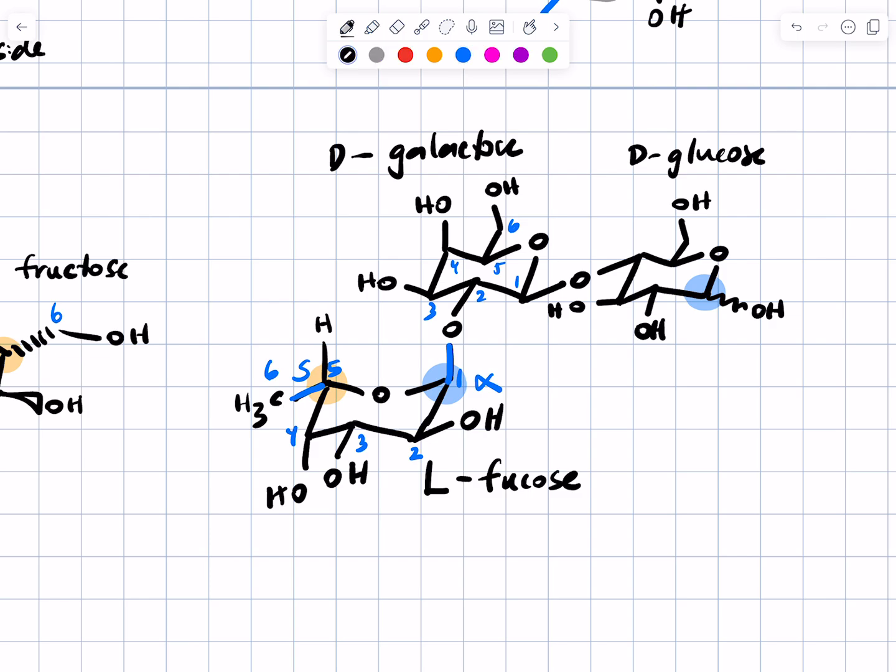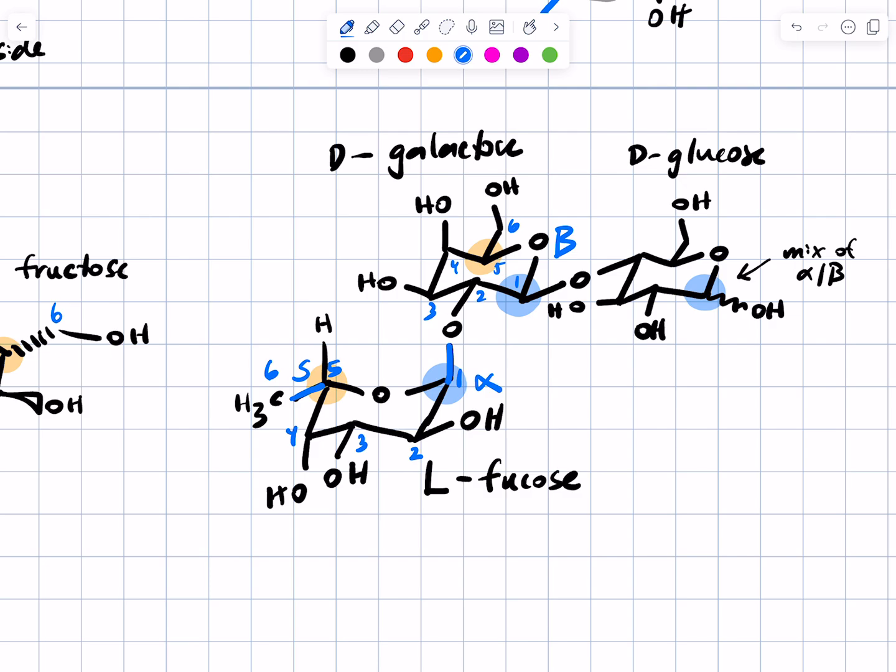That means a mixture of alpha and beta anomers. How about the anomeric carbon of galactose? What is its configuration? Check and see, is the thing coming off the ring at C1 on the same or opposite side of the thing coming off the ring at C5? They are cis, therefore it's beta.